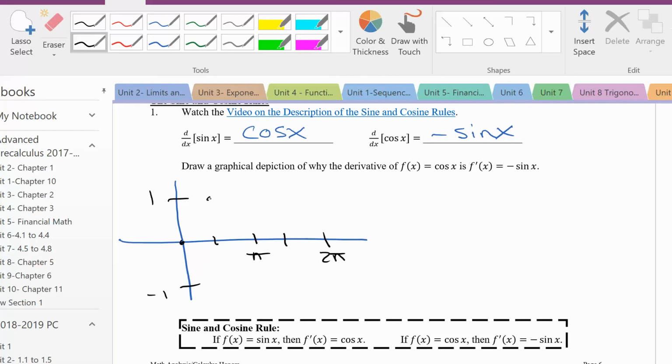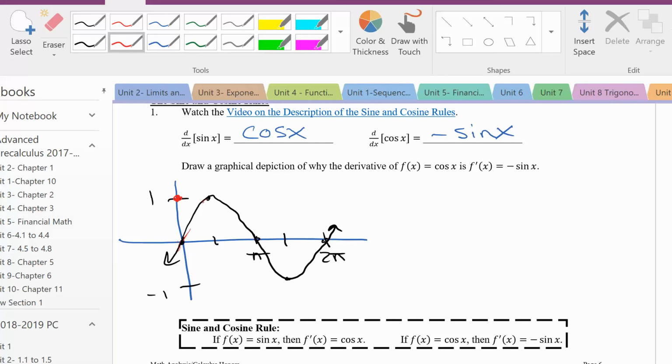So notice here's the graph of the sine function, and notice it goes on forever. Now if you talk about the slope of the sine function, the slope here, notice it's rising, right? So the slope here at 0 is 1.